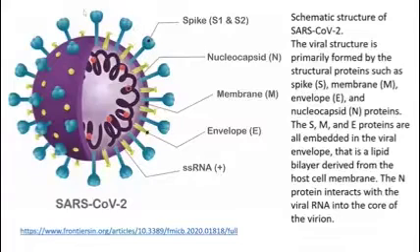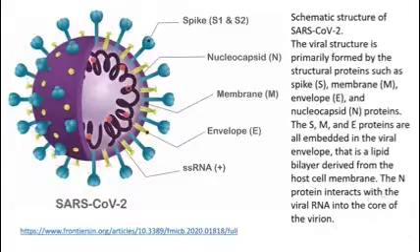These are the spike proteins, and then membrane M, which is a lipid membrane, and envelope E, and nucleocapsid N proteins. So these are the proteins of which this SARS-CoV-2 virus is made. The S, M, and E proteins are all embedded in the viral membrane, as you see.